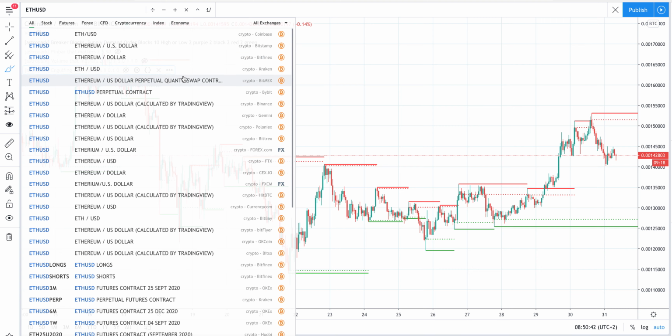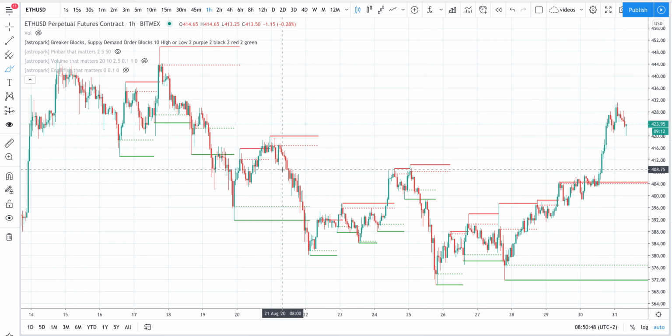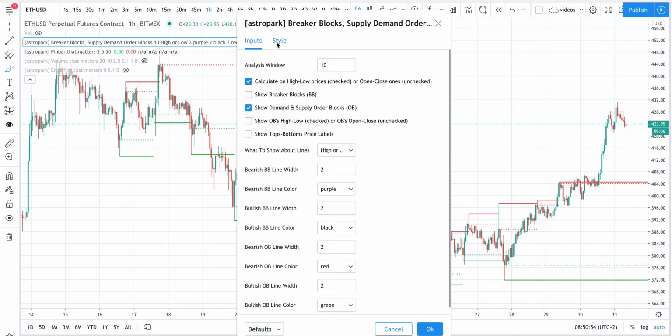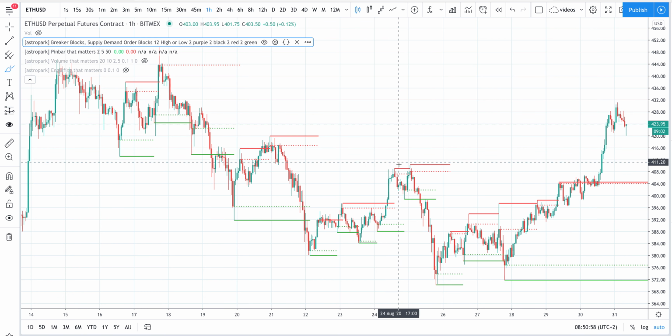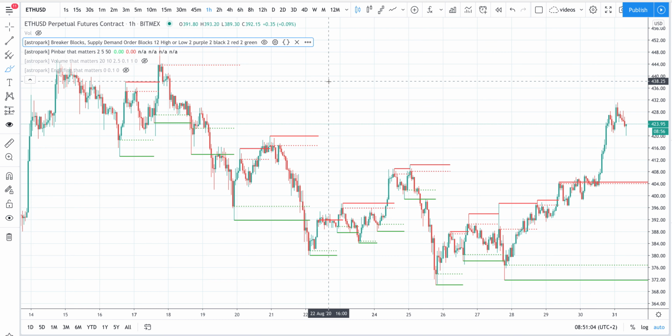Let's go, for example, to trade Ethereum. So you see, for example, for me, there are too many zones. So I increase the analysis window to have fewer zones.